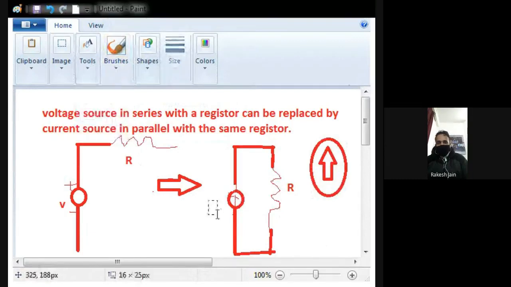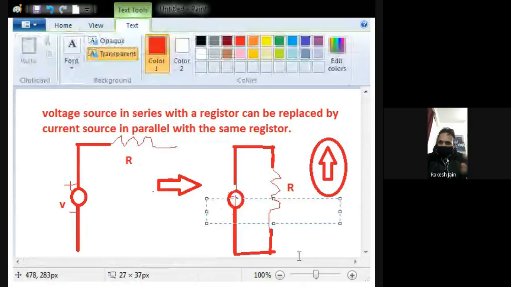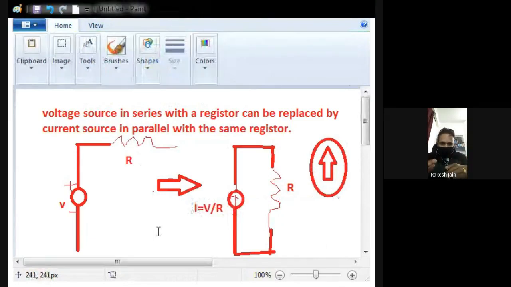We know from Ohm's law, V is equal to IR, so I is equal to V by R. In any circuit, if we want to simplify it with the help of source transformation, we should keep in mind that the voltage source will be replaced by a current source, and the resistance which was in series will have the same value and be in parallel with the current source, and the value of the current source is I is equal to V by R.